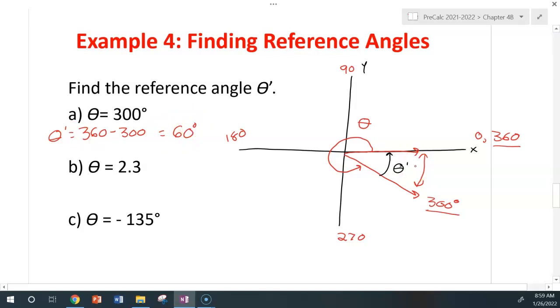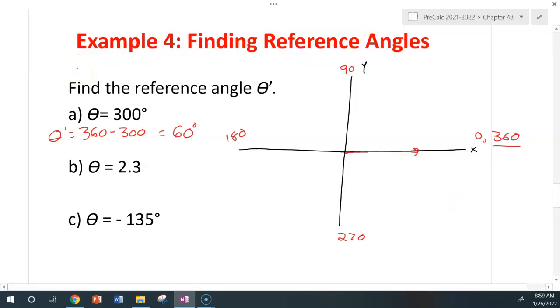Okay. Next one, we have theta is 2.3. So I'm going to erase this. And this time 2.3, we're not given any units.